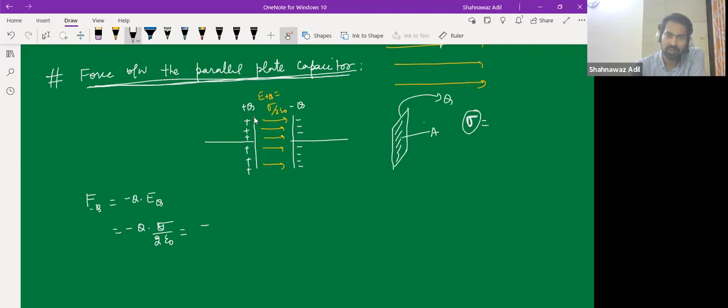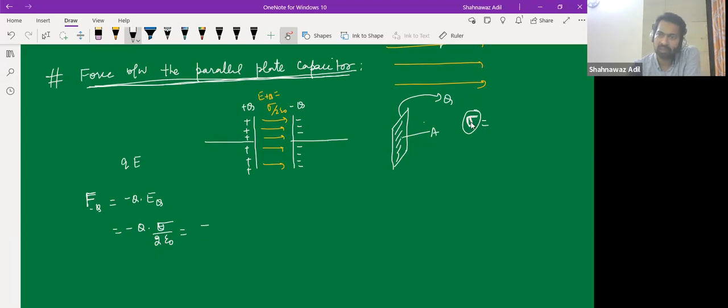This has positive charge and this has negative charge, right? We are calculating the force on this negative charge Q, so that would be this negative charge Q into the electric field provided by this positive plate, which is sigma by 2 epsilon naught.